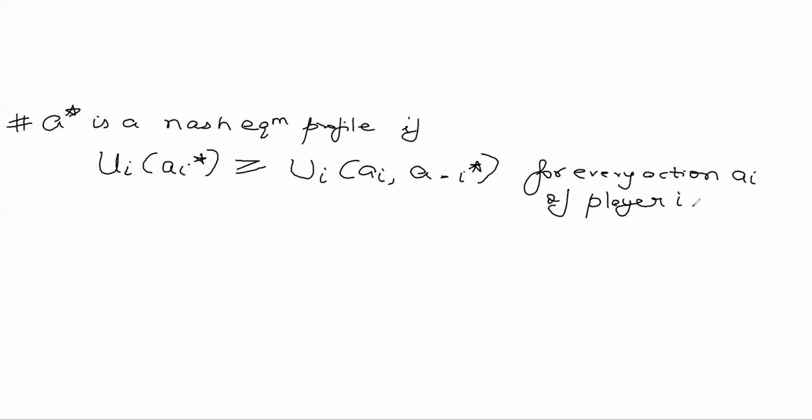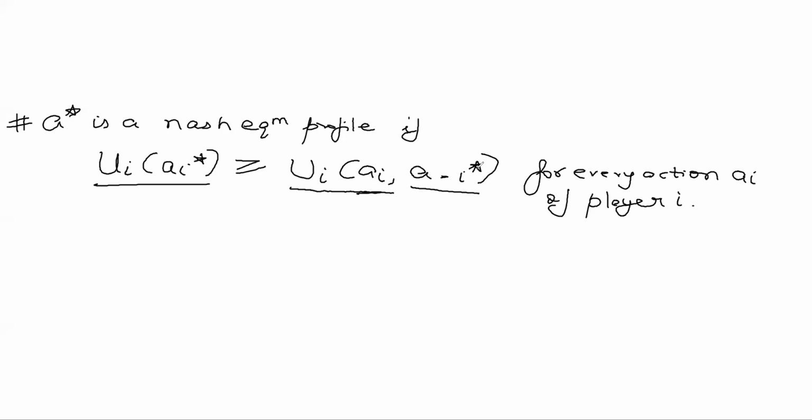So A star is a Nash equilibrium profile if for every player i, the utility which that player gets from ai star is greater than or equal to the utility which that player gets from some other action ai, which is not the Nash equilibrium, when all the other players a minus i are playing their equilibrium a minus i star.